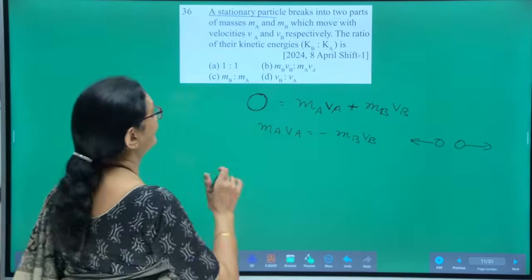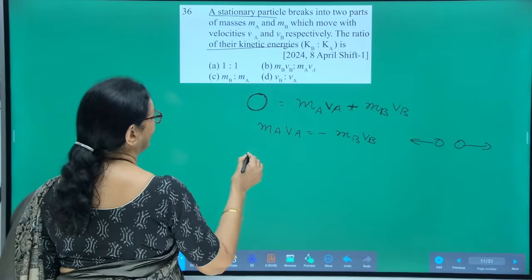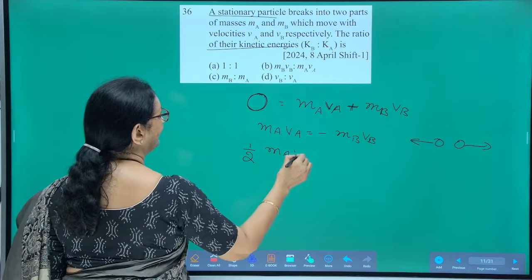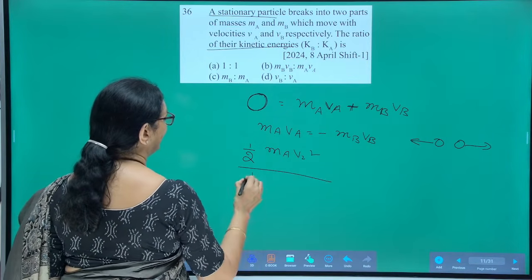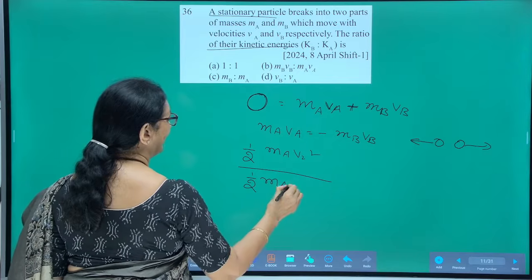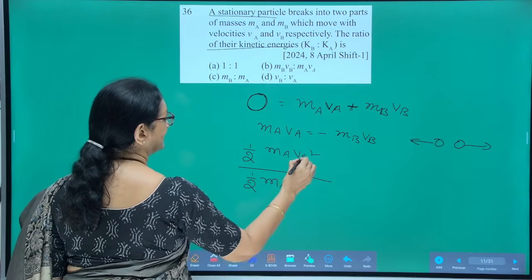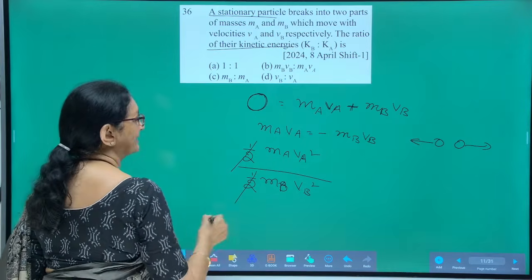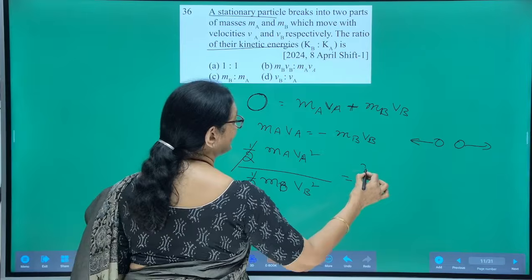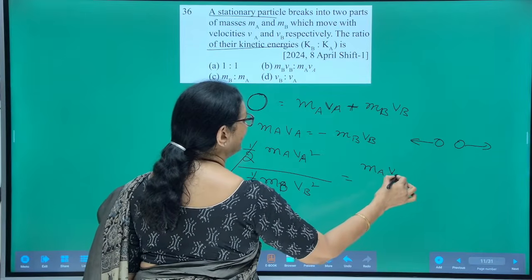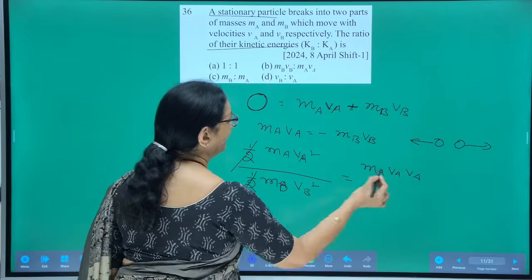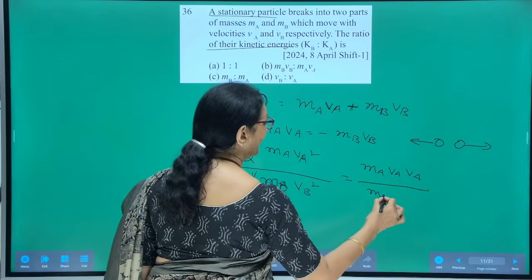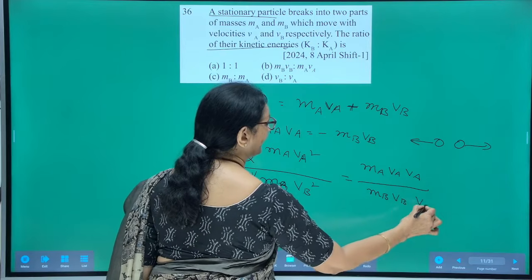Okay. Now, what is asked? Ratio of their kinetic energy. So, kinetic energy of the first particle is half ma va square, and kinetic energy of the second particle is half mb vb square. So, half and half get cancelled. I am just separating like this, ma va square as ma va into va, similarly mb vb into vb.